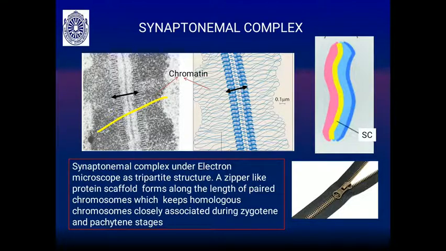You will find three elements in this structure. This is the chromatin belonging to one homologue and this is the other homologue. They are held together, and in between the homologous chromosomes you can see a yellowish color. That is the synaptonemal complex. You will find this clearly in the electron micrograph, and this is the diagram.